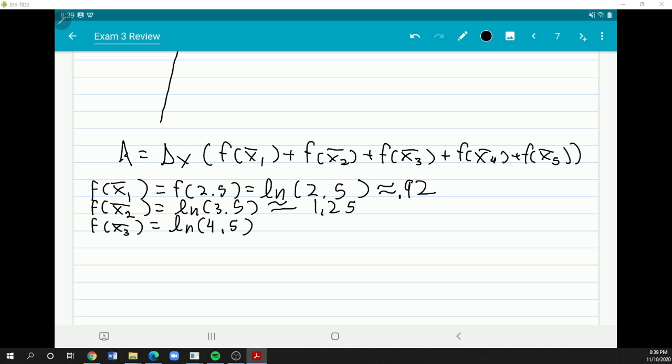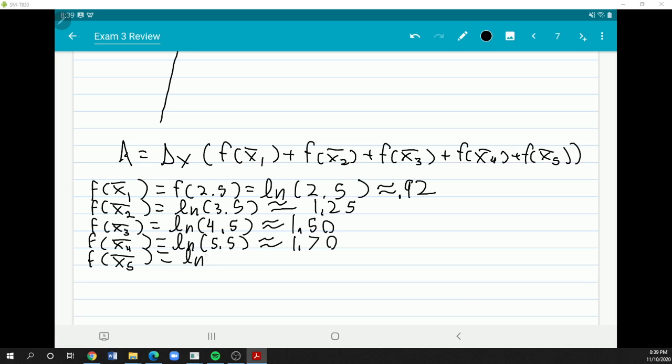Plug that in, get 1.50. F of x4 bar is log of 5.5 is roughly equal to 1.70. And then f of x5 bar is equal to log 6.5, which is roughly equal to 1.87.